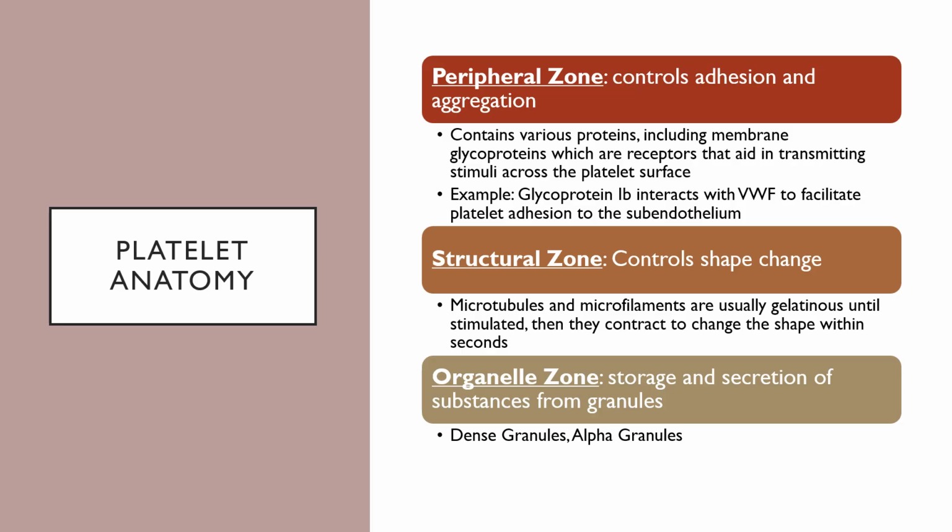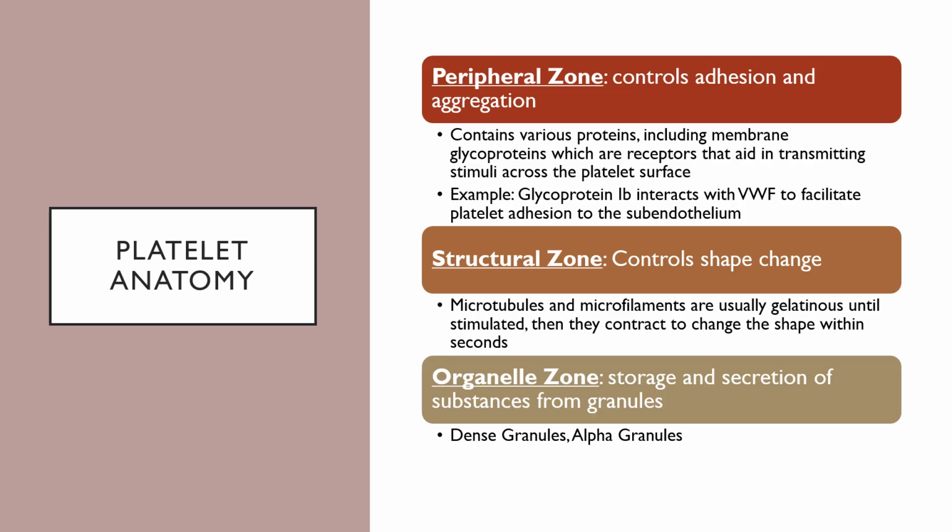But something else has to happen for platelets to get to where they need to go and do their job. And we have what's called the structural zone, and that is going to control shape change. You may look back at that rudimentary picture we looked at earlier, but microtubules and microfilaments, which are usually soft and gelatinous, once they are stimulated, they contract and it changes the shape almost instantly.